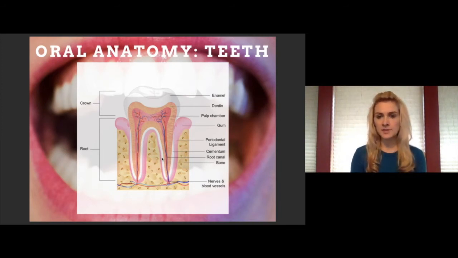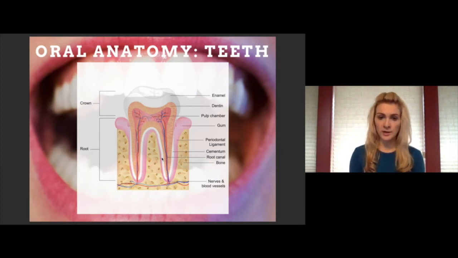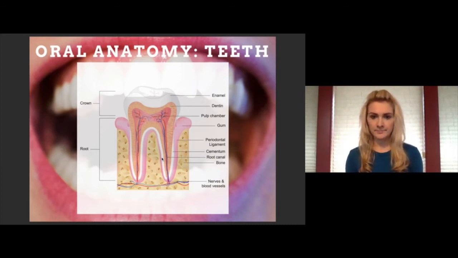The cementum is the tooth structure underneath the gums, and the periodontal ligament is the cushion that the tooth sits within the bone comfortably. So here's just a nice little diagram, and you can see lower, underneath the tooth is the supporting bone. Very important.